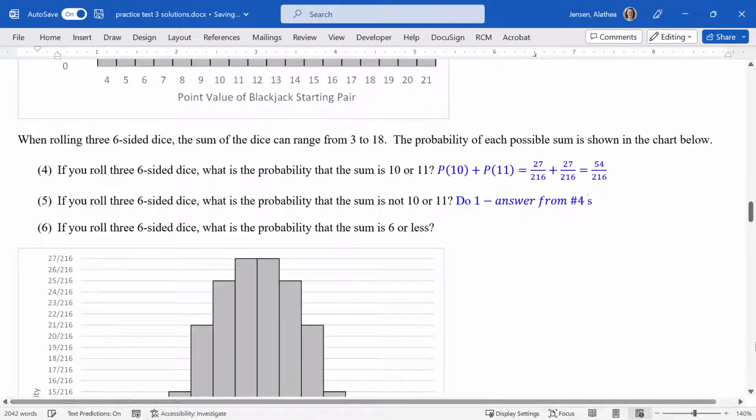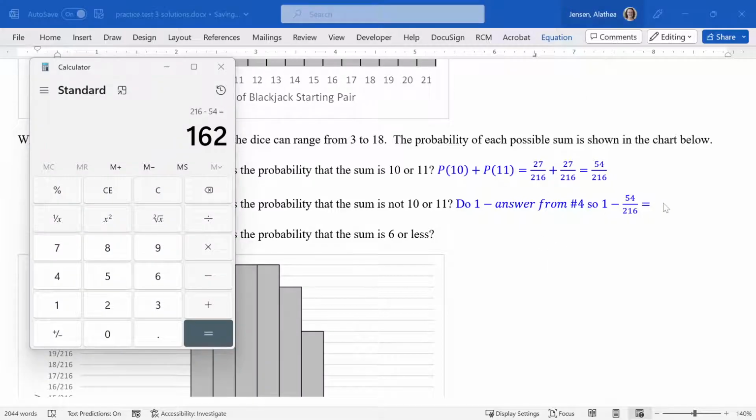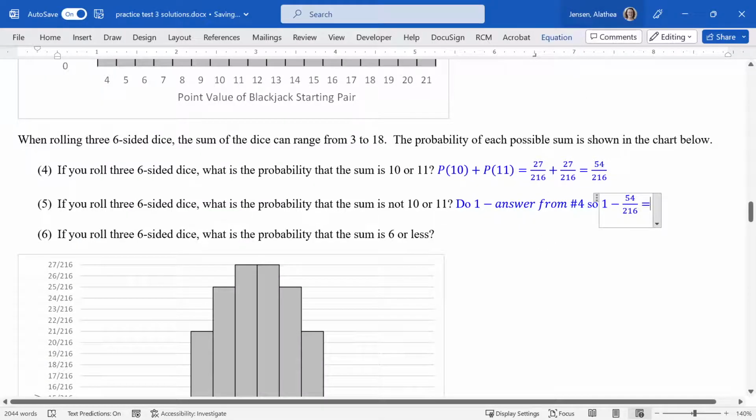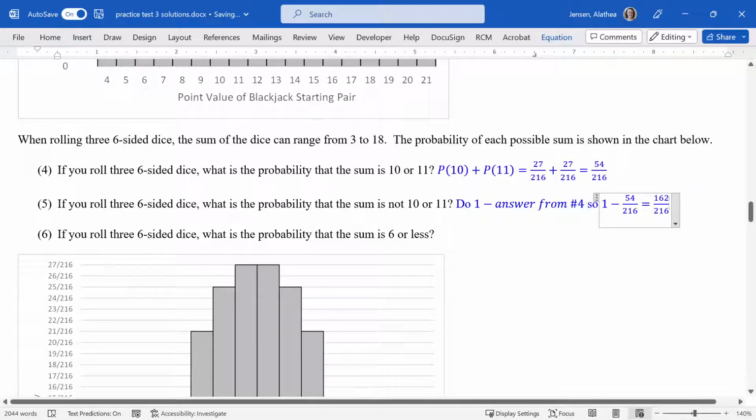So 1 minus 54 over 216. Let's see, what's 216 minus 54? Sorry, just grabbed a calculator quickly. So that's 162 out of 216. Or you can just leave it unsimplified. That's fine too.